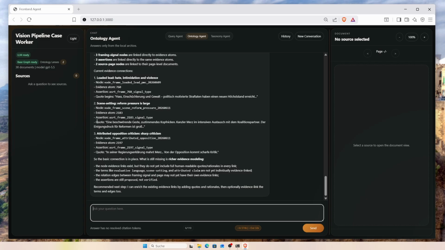You see, it's quoted where the things come from. What you can do now is, you can see he proposes a richer evidence modeling. That means he can go deeper, dig out more, make the framing lens broader, or he can even do something like this.